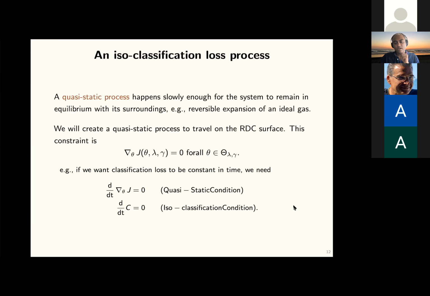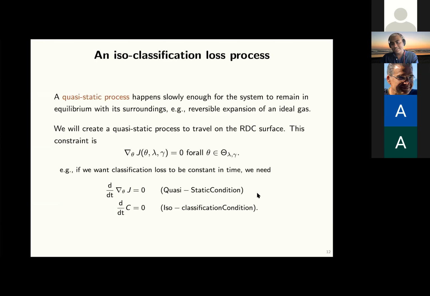The second one is the cool part. This is a constraint that says I would like to preserve the classification error of my model. This is a training error, not the validation error, of course. But this is a stochastic process that can travel around on the surface while preserving the classification error in this case. Of course, you can plug in any other functional in place of C, and you would instantiate a stochastic process that preserves this functional.